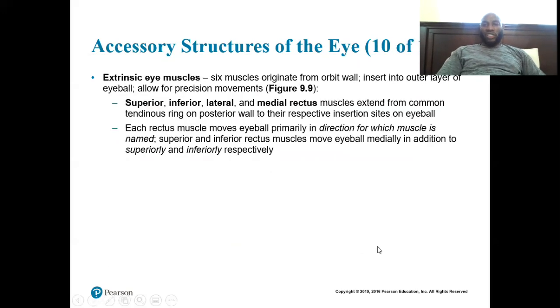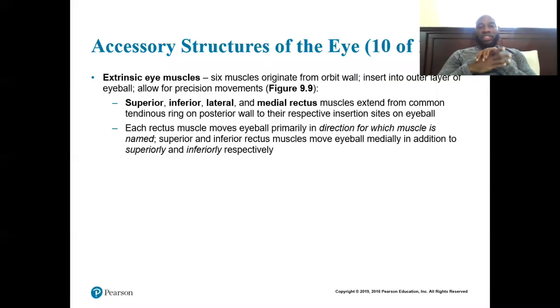And then we have extrinsic eye muscles. We do see these muscles that help the eye move. All right, six muscles originate from the orbit wall and insert into the outer layer of the eyeball.